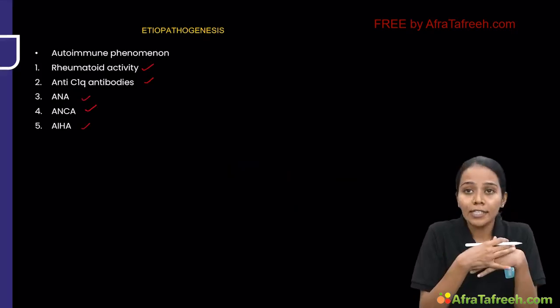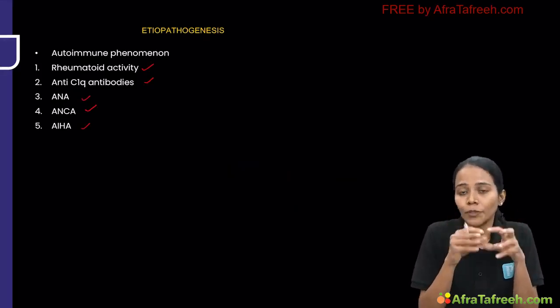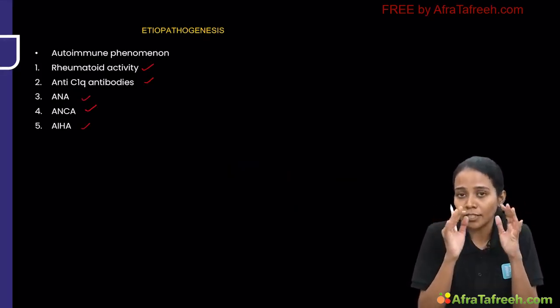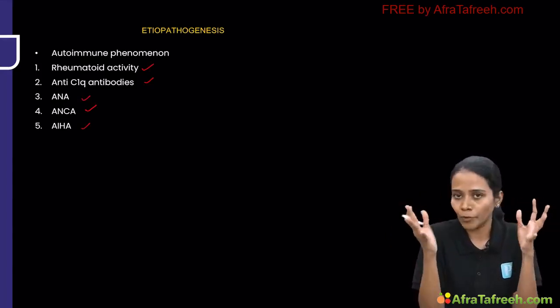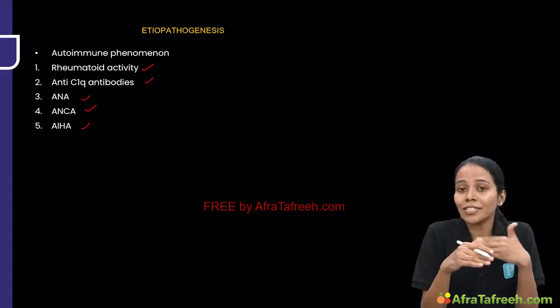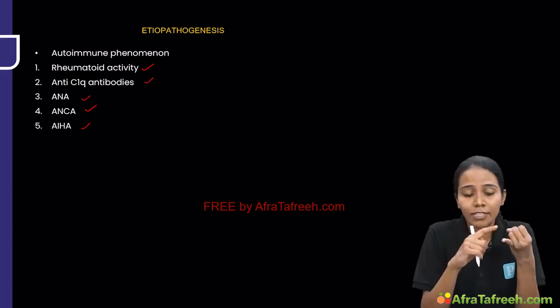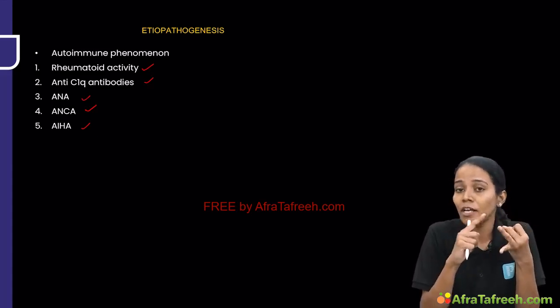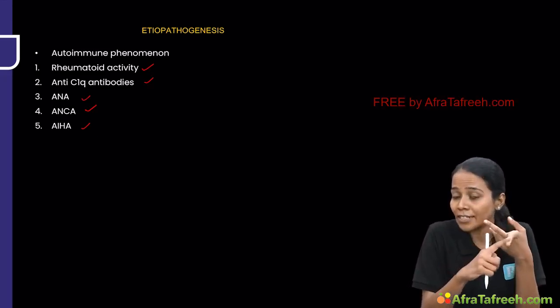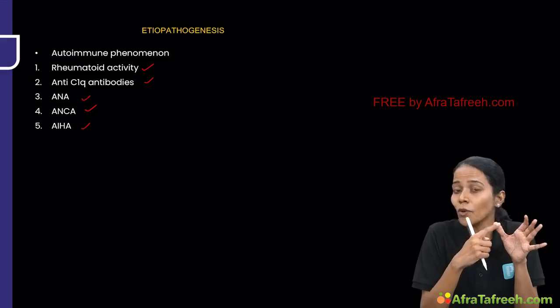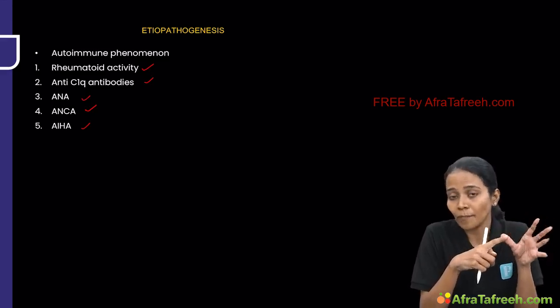Now, these patients not only produce antibody that is specific to their condition, but there's a generalized autoimmune response, because of which there is generation of other antibodies. Like these patients can be ANA positive, ANCA positive, rheumatoid factor positive, anti-C1q positivity, and also autoimmune hemolytic anemia.